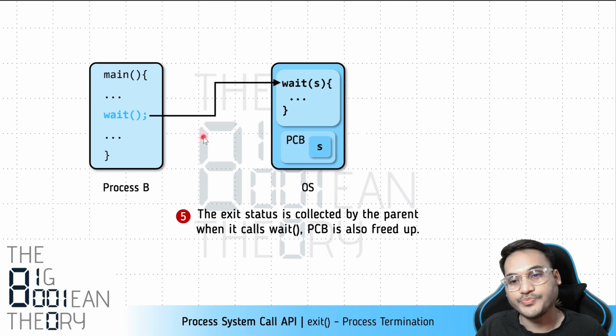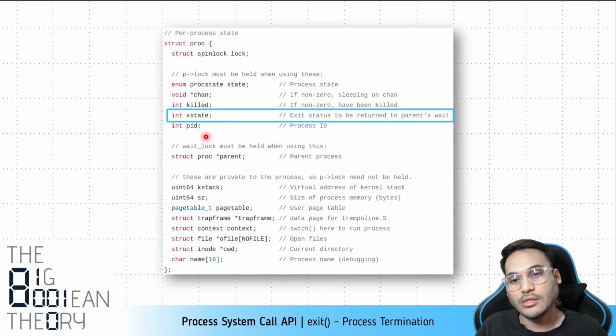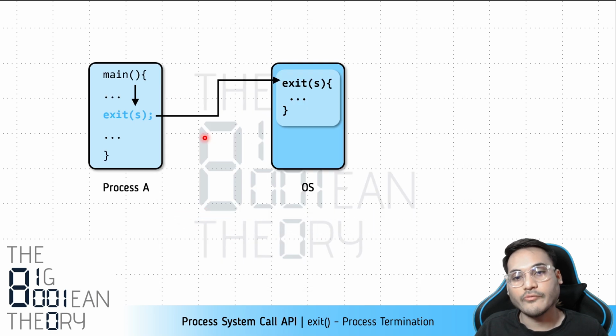Let's go back again, right? In one of the previous slides, you can see when we invoked the exit system call from process A, this S was passed from here. It traveled to the exit system call routine.